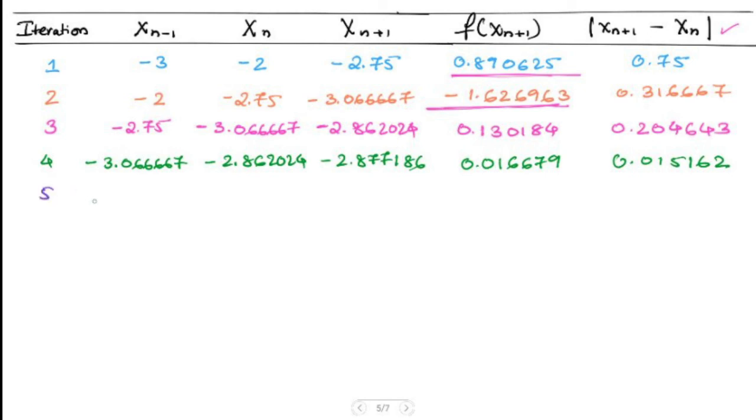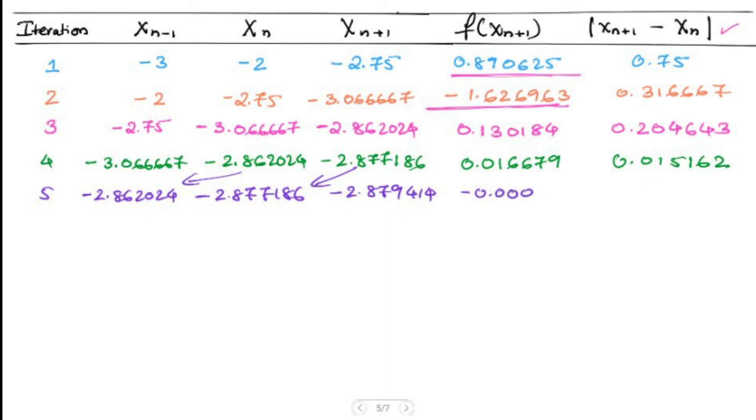So here our xn becomes xn minus 1, so here we have minus 2.862024, and xn plus 1 will become xn, which is minus 2.877186 here, and the new xn plus 1 using the formula we get now as minus 2.879414, and f of this value will be minus 0.000218 here, and xn plus 1 minus xn now gives us 0.00228. Okay, there is one more too because I just missed that one.